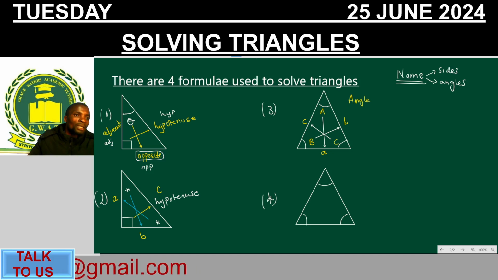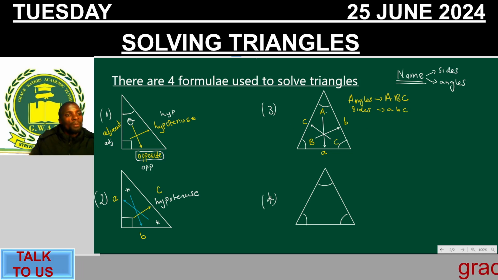Okay, so angles have got A, B, and C. And then sides have got what you call small a, b, and c. So this is how we name a non-right angled triangle.